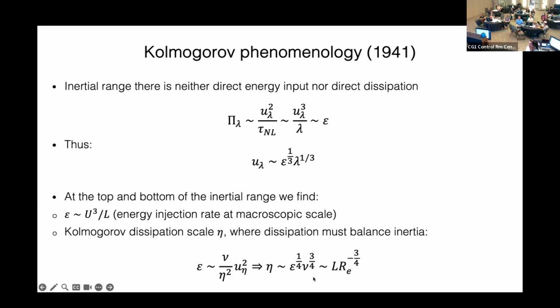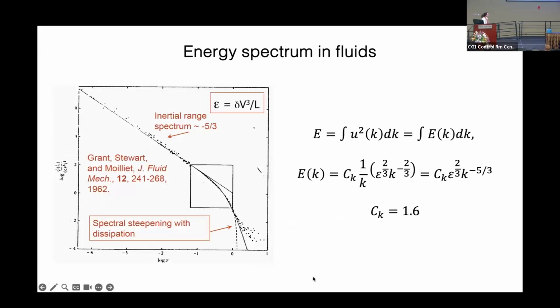To make this result more familiar, we can derive the prediction from this theory for the energy spectrum. We define an energy density in Fourier space, and you basically associate lambda with the inverse of the Fourier mode.